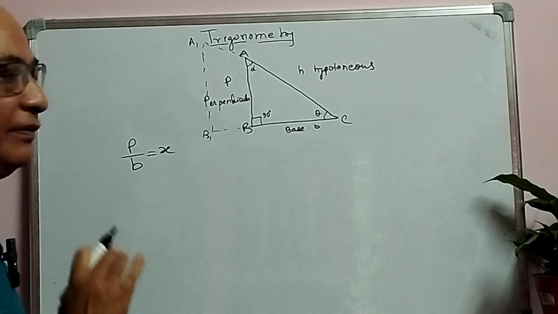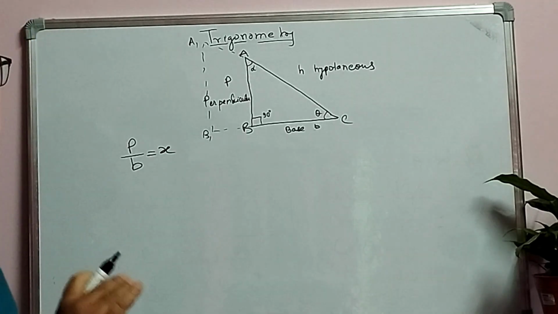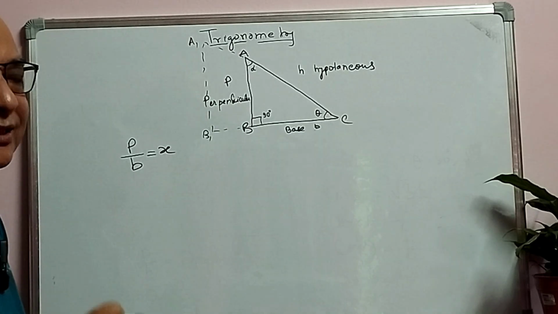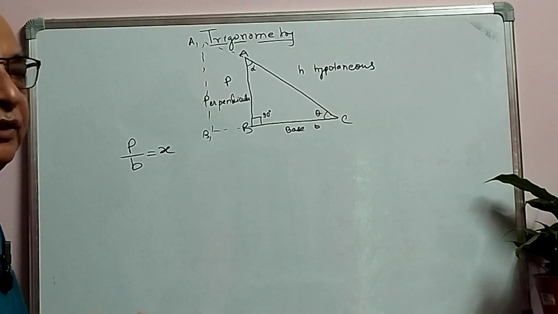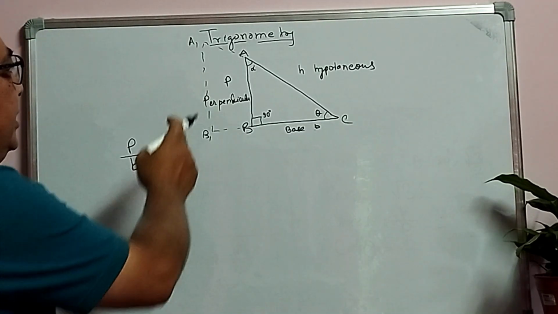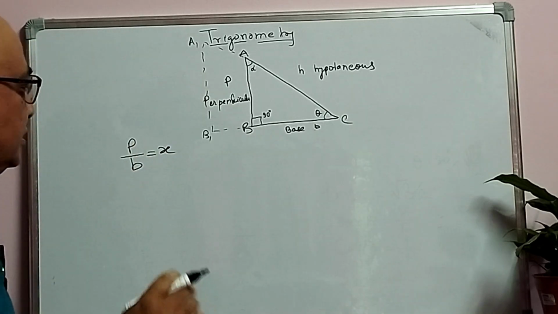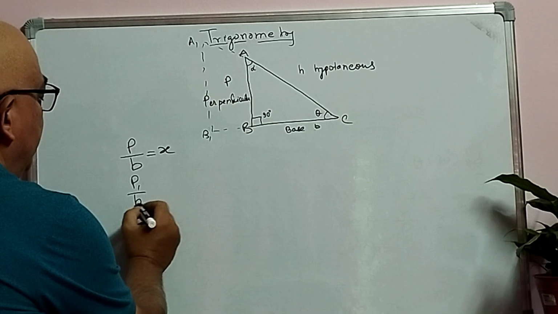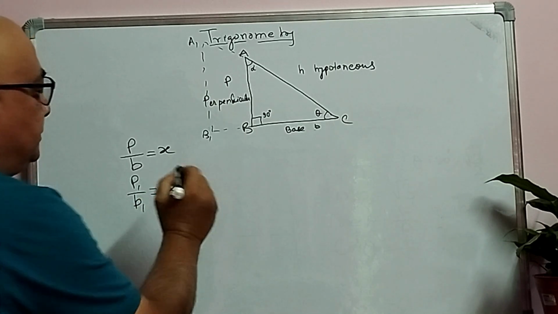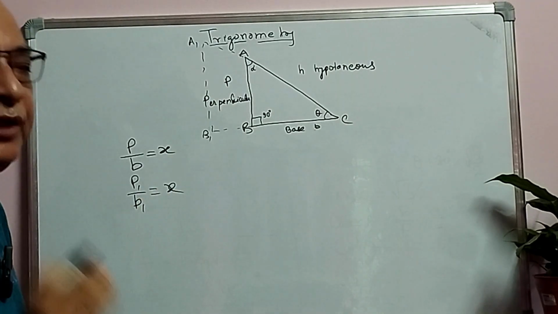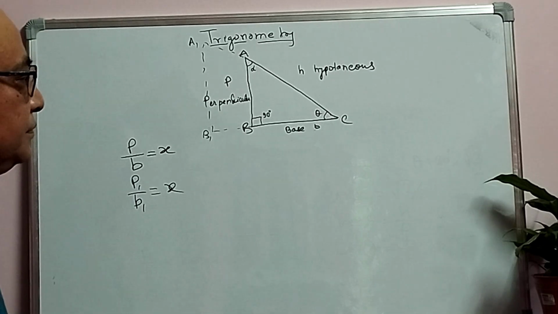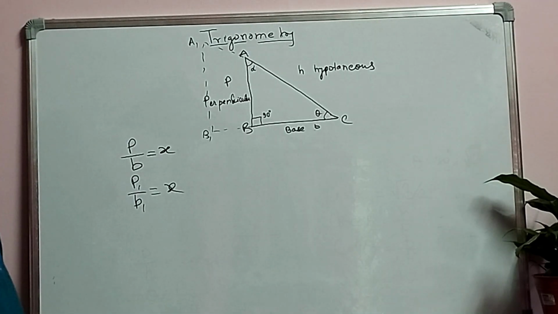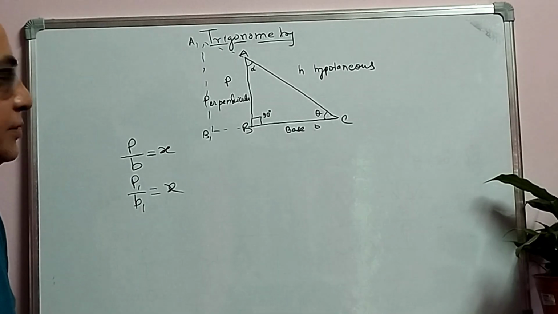So in this, what we find, or what is the fundamental of trigonometry, is that the sides get longer in a ratio that remains constant. So here P1 by B1 is also X. So the ratio of any two sides of a right angle triangle is constant for a given angle of reference.